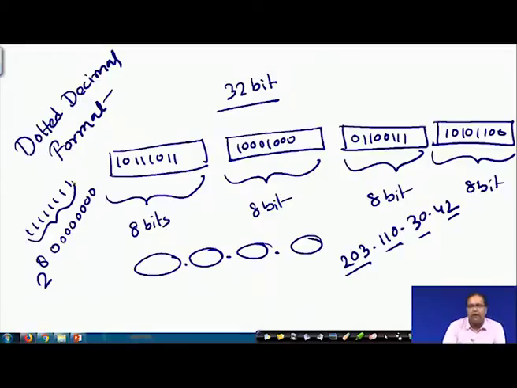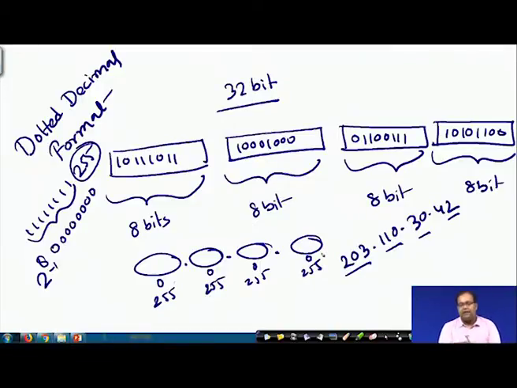If you have all ones, it comes to 2 to the power 8 minus 1, which is 255. So, these individual dotted decimals go from 0 to 255. Every individual chunk can go from 0 to 255. So, that is the way we represent the entire IP address in the dotted decimal format.